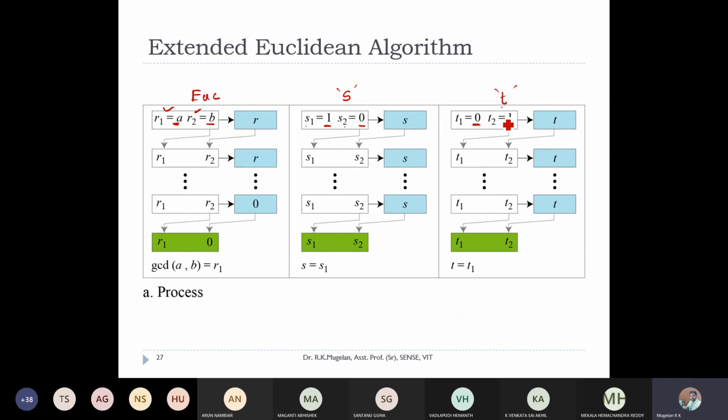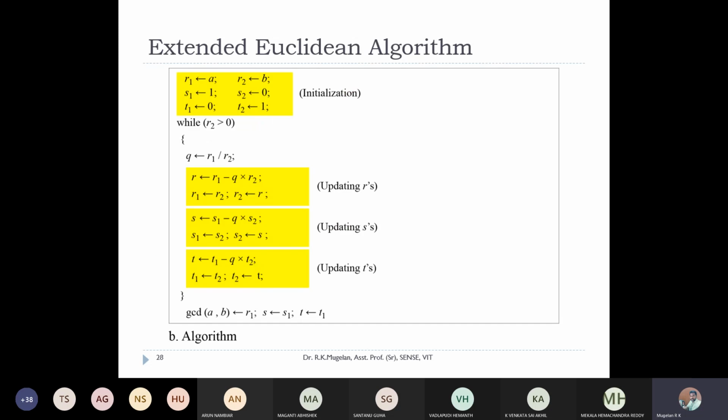This is where people make a mistake. After this, the process continues to find the values of S and T. So as of now, in this slide, I want everyone to remember the initial values of S1, S2, T1 and T2.